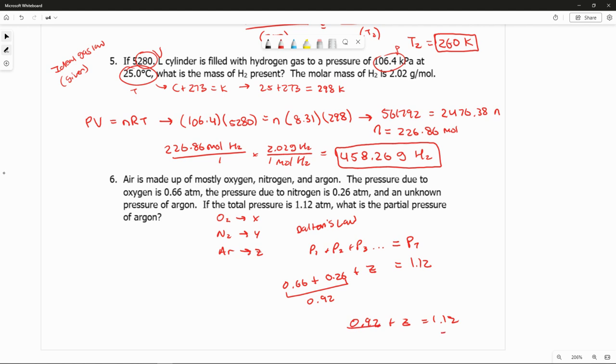This goes away, and we get Z equals 0.2, which is going to be the pressure of argon. Therefore, we know that our final answer is going to be 0.2 atmospheres of argon. And that is our final answer.